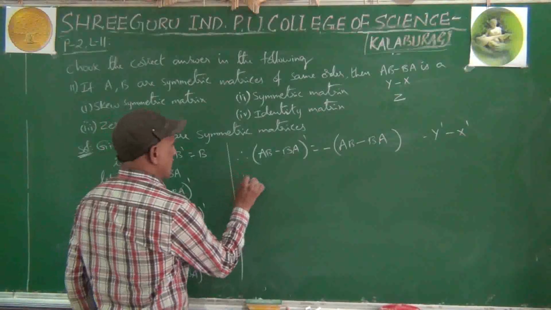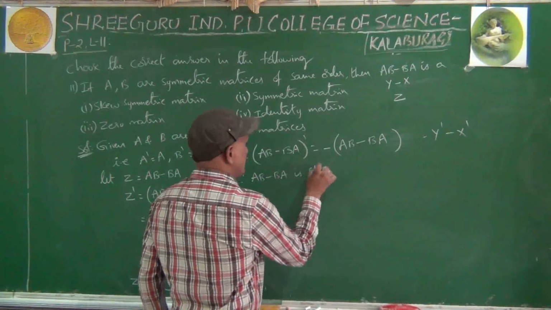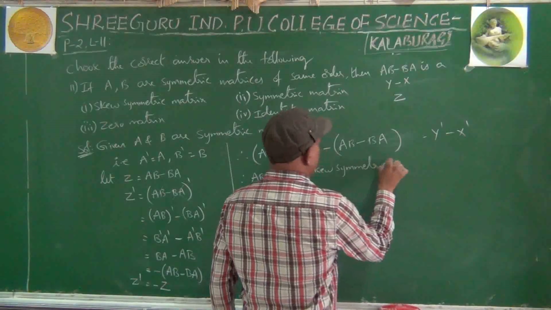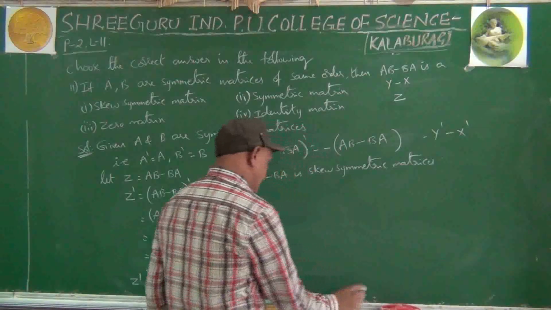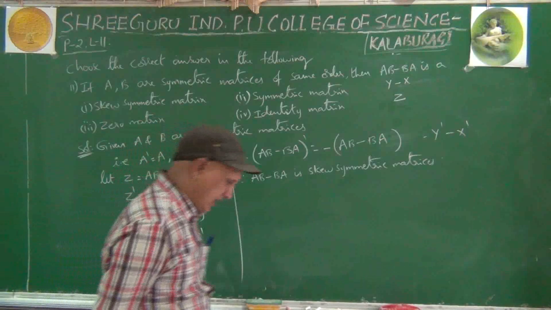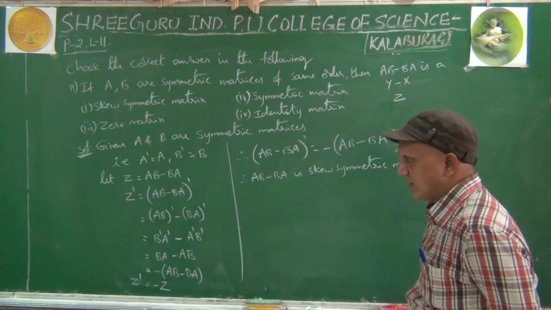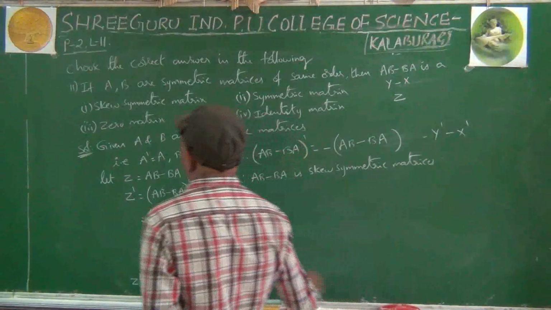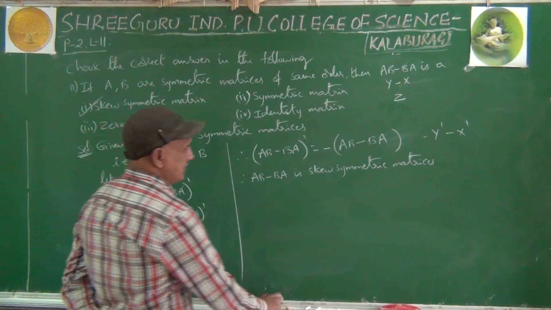Therefore, AB minus BA is a skew symmetric matrix. This is a standard question. AB minus BA is skew symmetric. Remember this. Okay. So we have to mark tick for this one. Right?